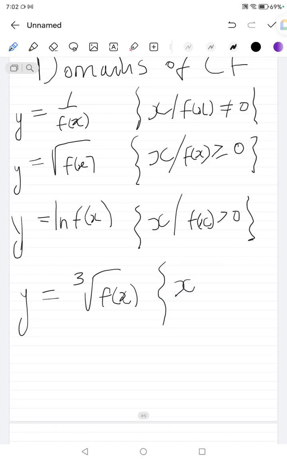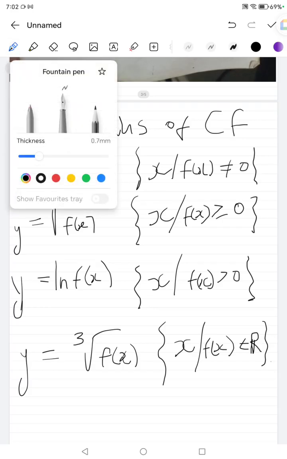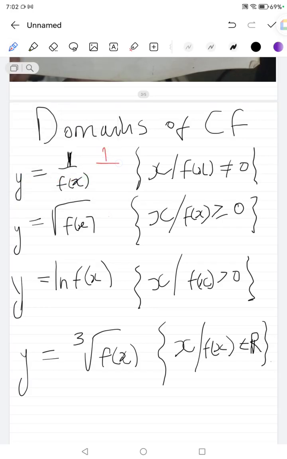So all the values that you can use would definitely give you an answer. The main thing about your restriction is looking at a region where, if you were to use a certain value, you get something undefined. Like in the first example, 1 over x, if x is 0, you're going to get something that's undefined.